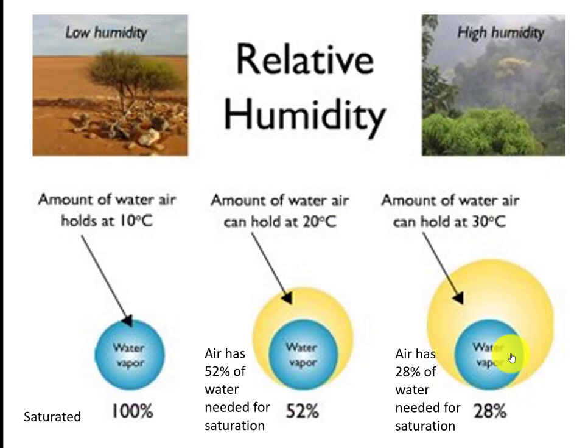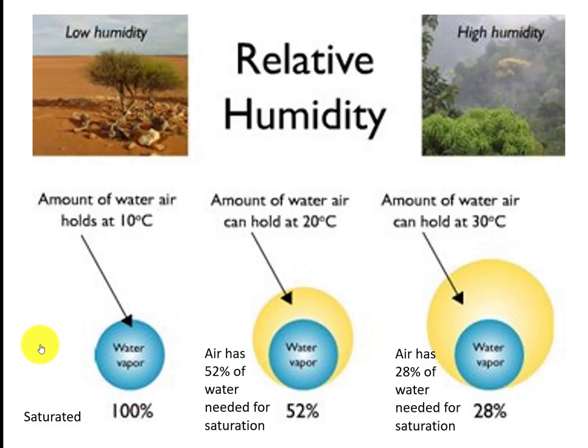So this same water vapor is 28% at 30 degrees Celsius. It's 52% at 20 degrees Celsius. If that same air drops down to 10 degrees Celsius, it's 100% saturated. At saturation, that is the point when precipitation occurs.